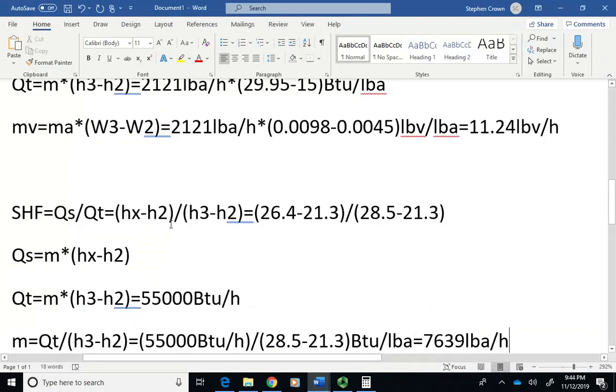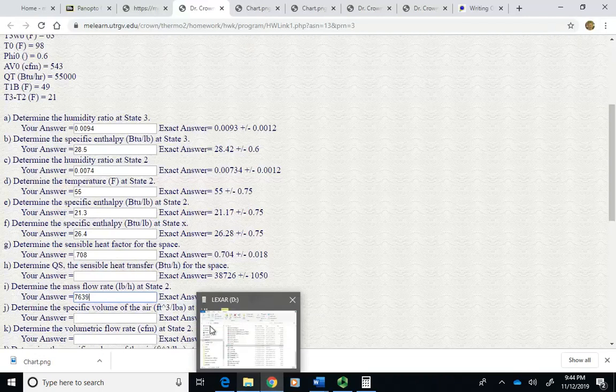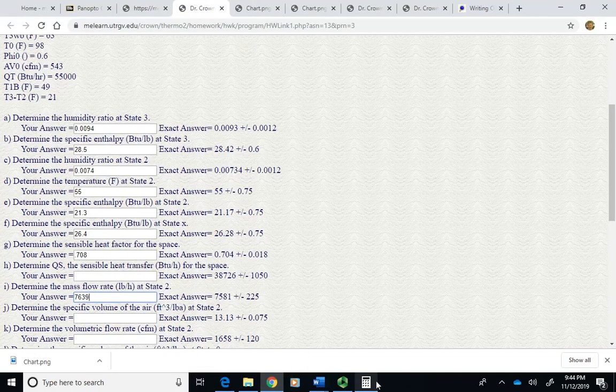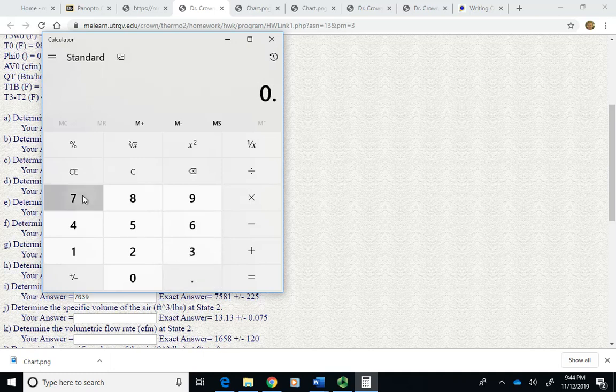I know the sensible heat factor, which is sensible over total, so that would tell me that QS equals sensible heat factor times QT, so that is whatever my sensible heat factor was. It's 0.708 times 55,000.